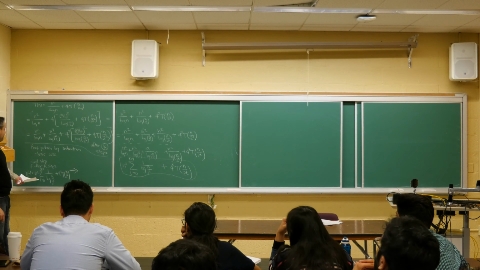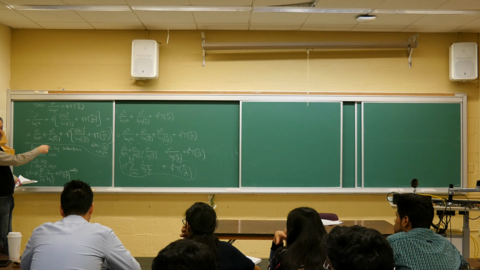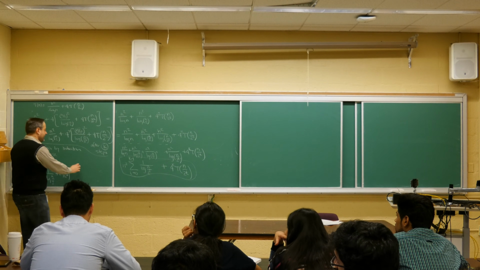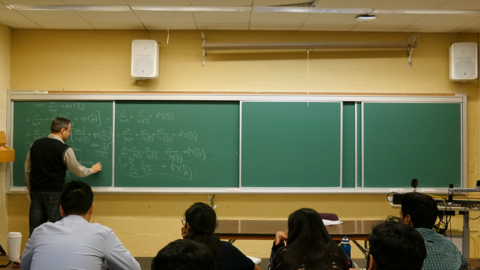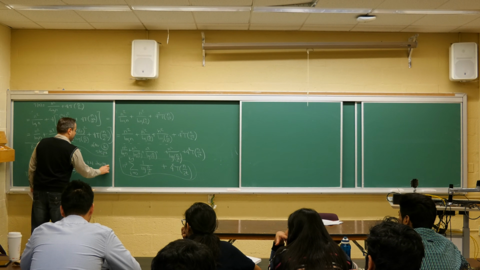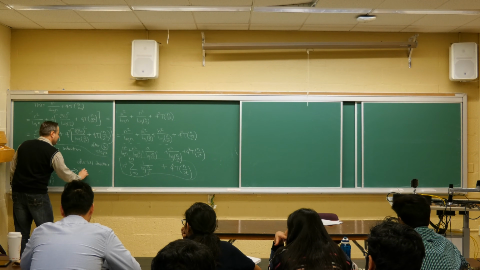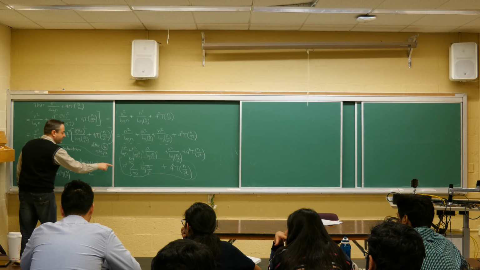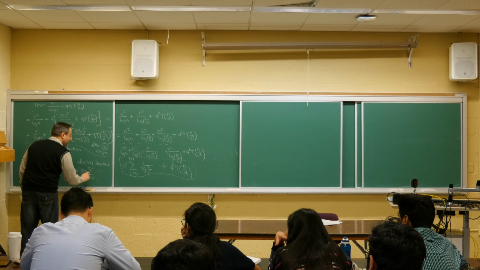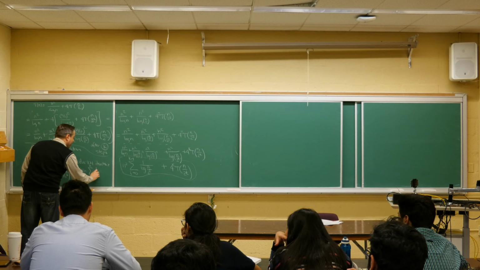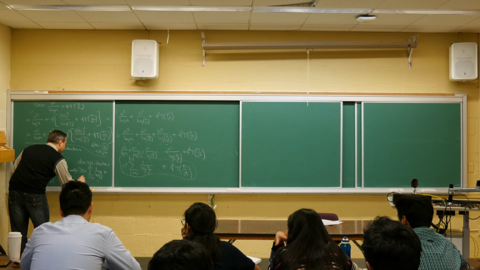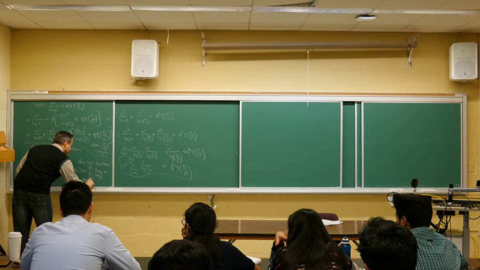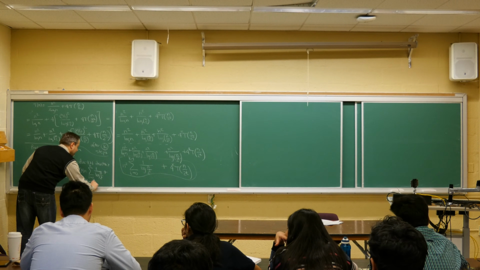If we have that relation after k iterations, then after k plus 1 iterations, we must have T(n) is the sum from i equals 0 to k of 1 over log of n divided by 2 to the i, plus 4 to the k plus 1 T(n over 2 to the k plus 1).